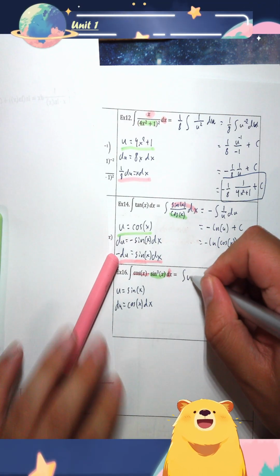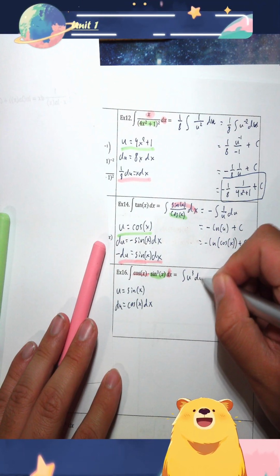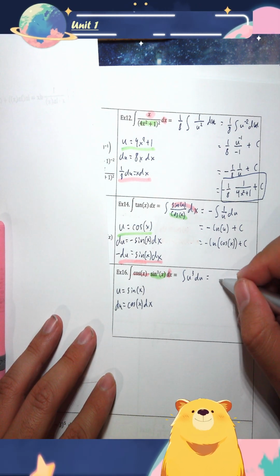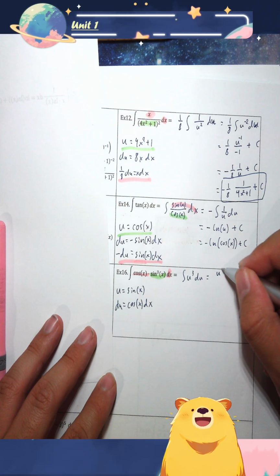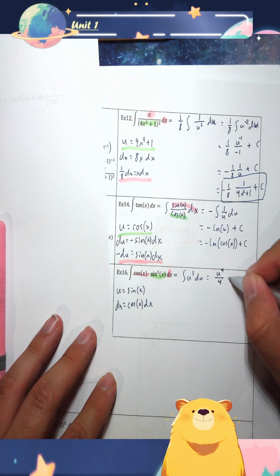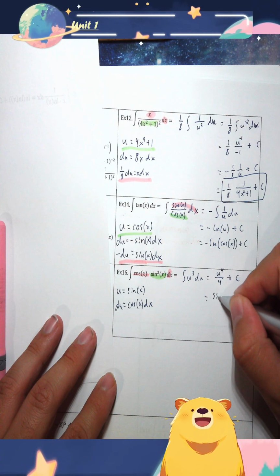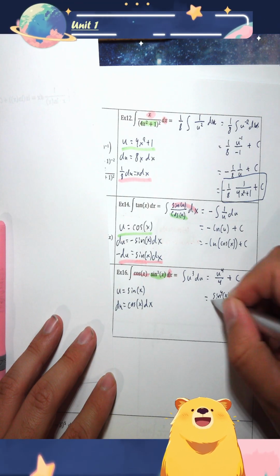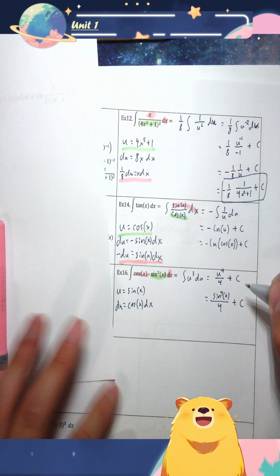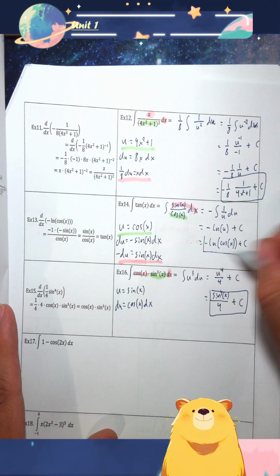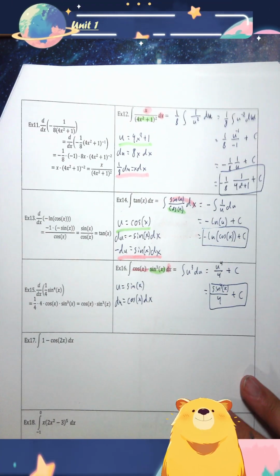So the integral of u to the power of 3 du. Then from there, you can use a glorified power rule, and you'll get u to the power of 4 over 4 plus c. And then you plug in u, sine to the 4th of x over 4 plus c. Yes. All right.